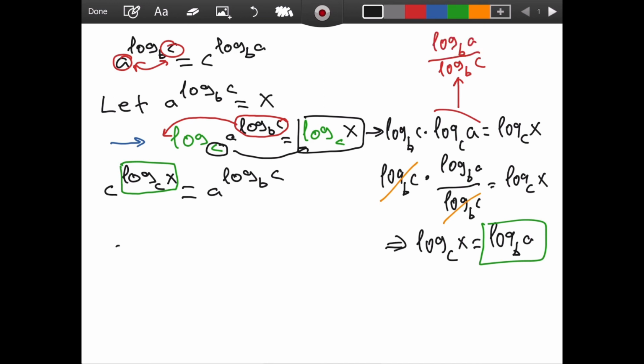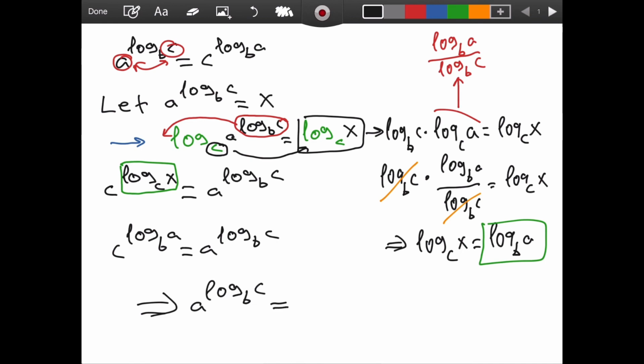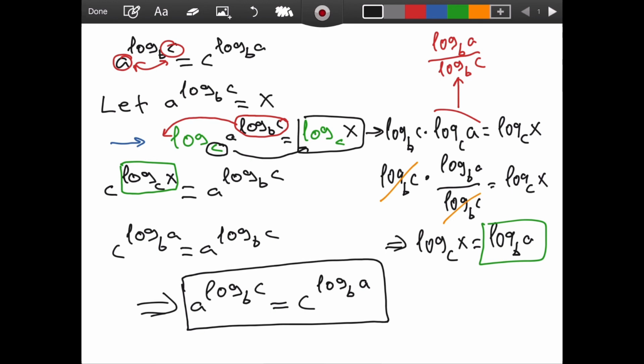And when we do that, we get c raised to the power of log base b of a is equal to a raised to the power of log base b of c, which is, of course, when you swap sides, gives us a raised to the power of log base b of c is equal to c raised to the power of log base b of a. And just like that, we have proven what we wanted to prove at the beginning of this video.